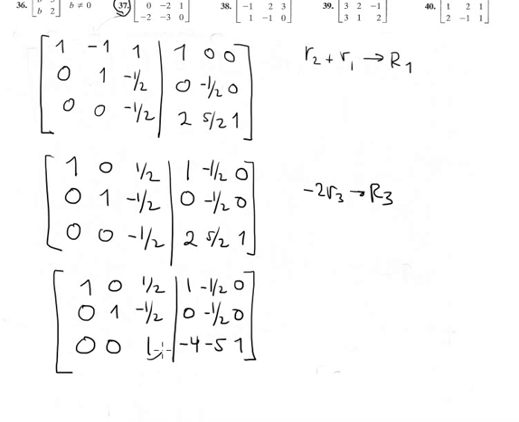Now using this pivot, you multiply by 1 half R3 plus R2 store a new R2.